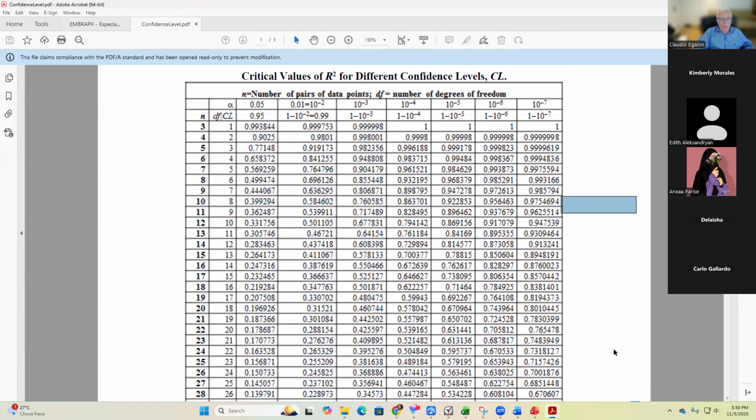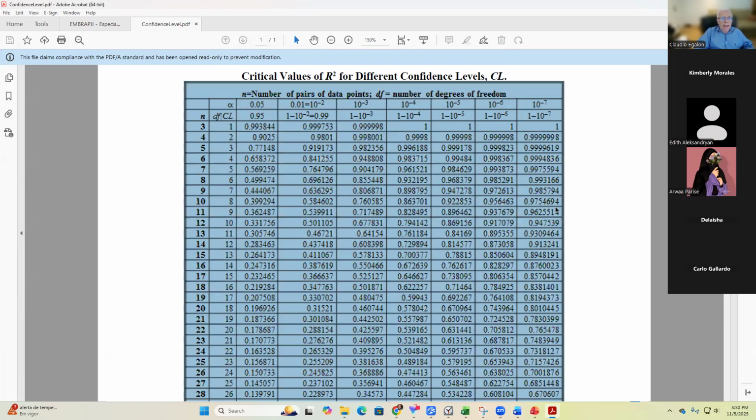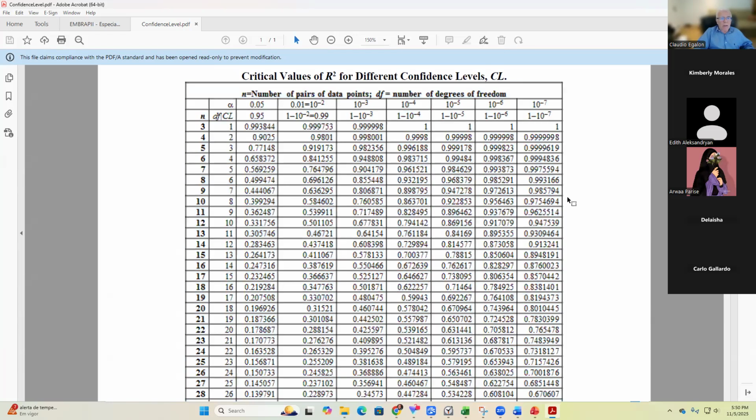There is a way to handle this one. Because your R square falls outside this table to the right, it means that your CL is going to be greater than this value. Make sense? That's going to be the lower bound. But then what's going to be the upper bound?